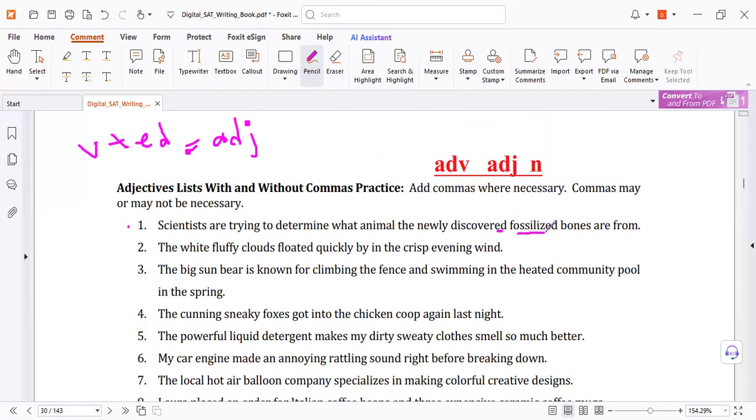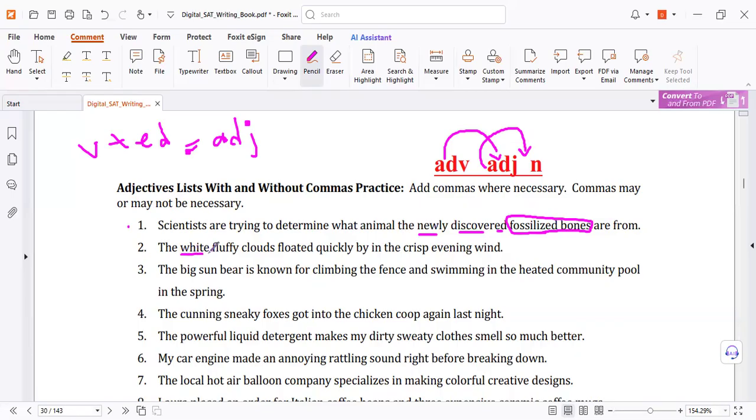Here, adjective again, adverb. The adverb modifies the adjective. The adjective modifies the noun. So look, no commas. Why no commas? Because I cannot separate it. I cannot change. Can I say discover the bones and then fossilize discover the bones? This is one compound noun. So with no punctuation, it's correct.